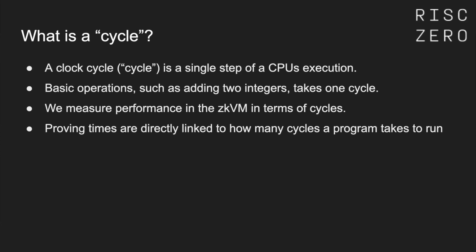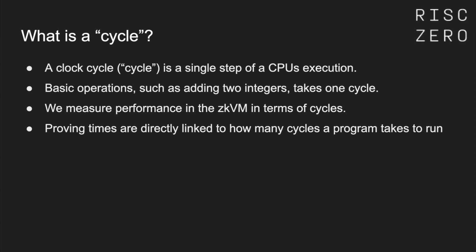One of the main ways to measure performance, especially for small programs, is in terms of cycles. A cycle, or clock cycle, is a single step of a CPU's execution. When you see a CPU runs at 3 gigahertz, that means it executes 3 billion cycles per second.